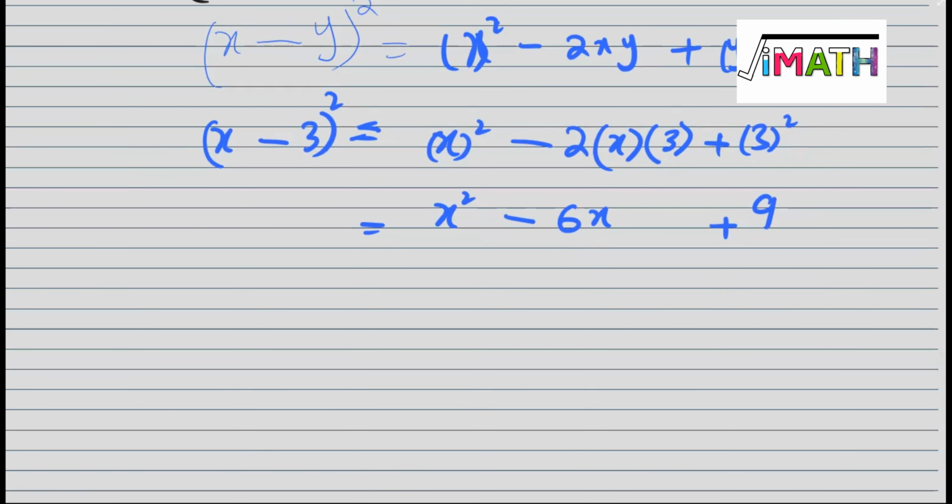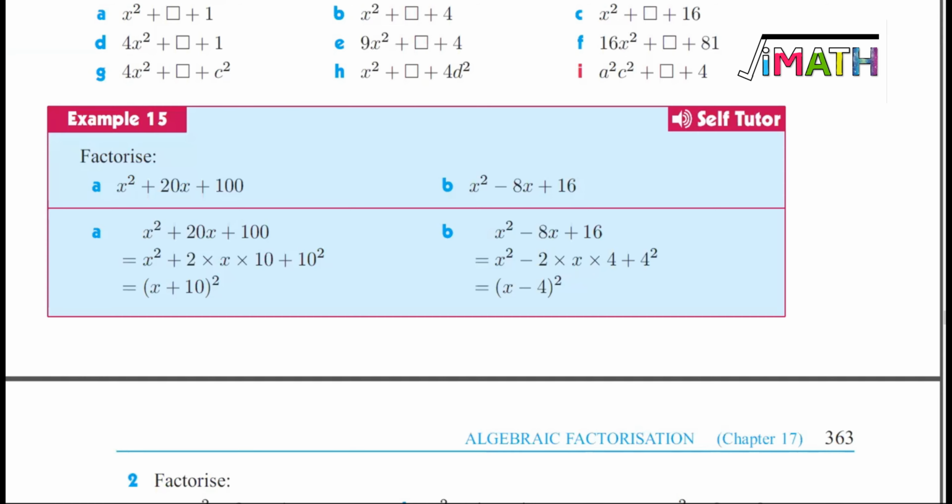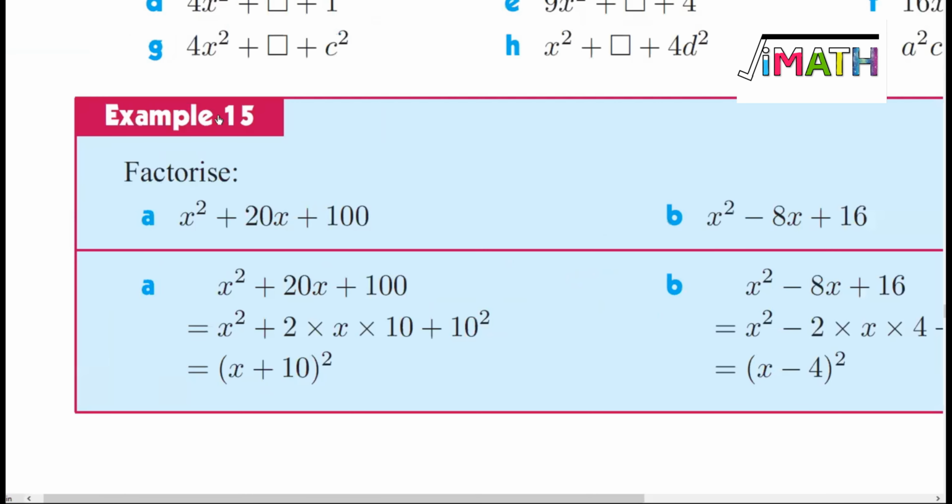Yes. So let's go here, and now it's gonna be the other way around. If I have this form, you can think of it as already given in the right hand form, that is a squared plus b squared plus 2ab.